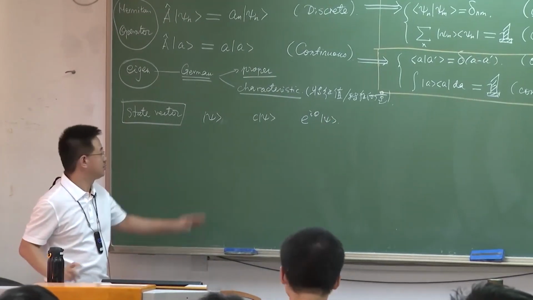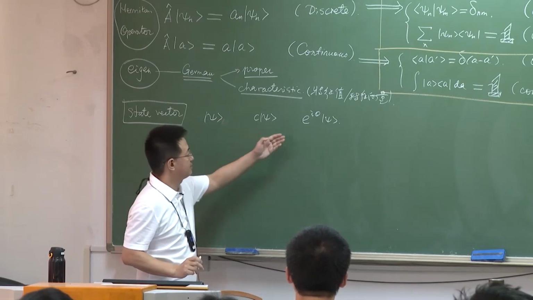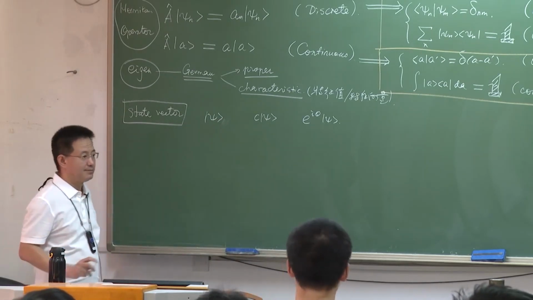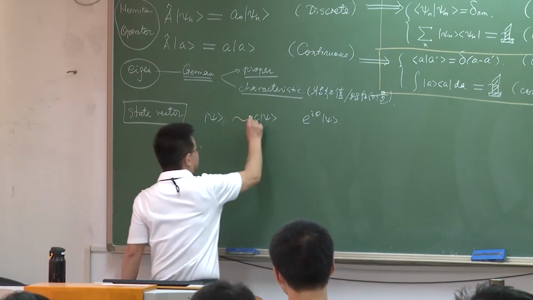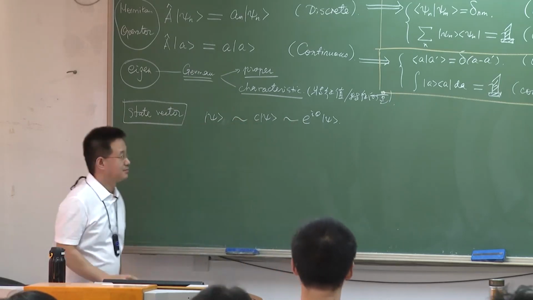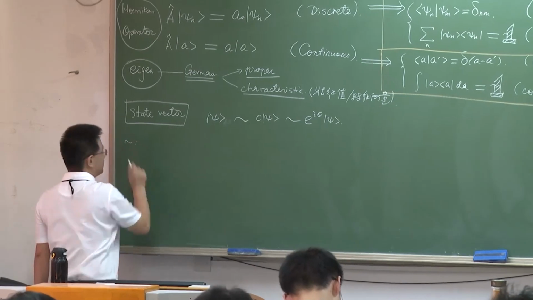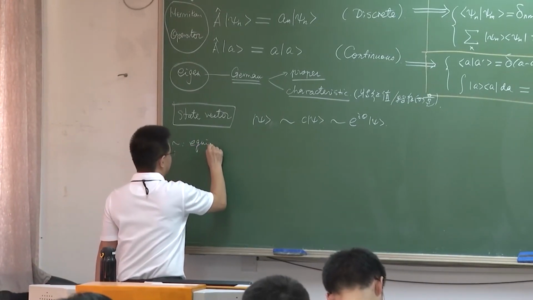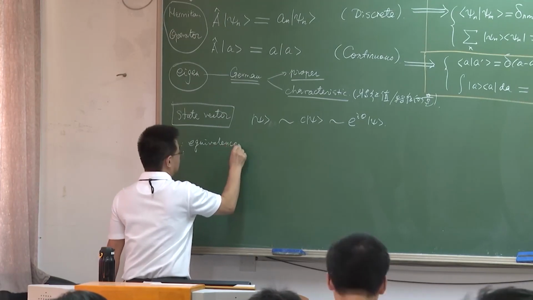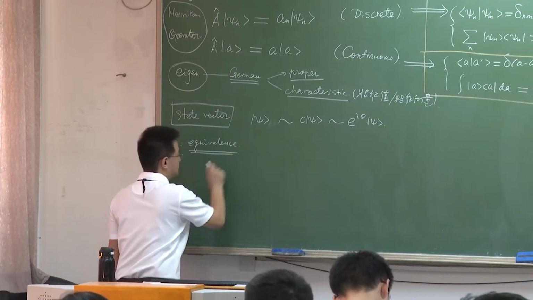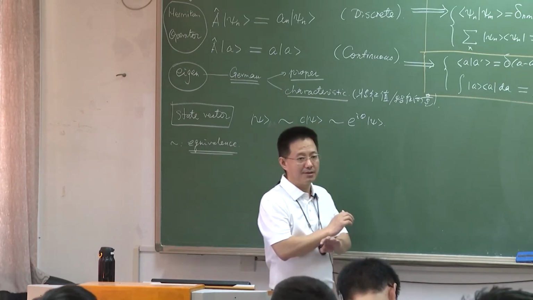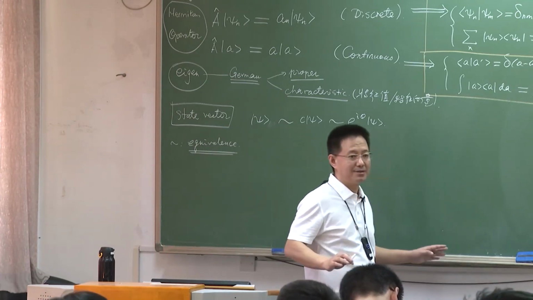What's the relation between this vector and this vector? Mathematically speaking, they are equivalent. In mathematics it is called equivalence. It is also a relation. It is not equal, it's not identical. It is equivalent.